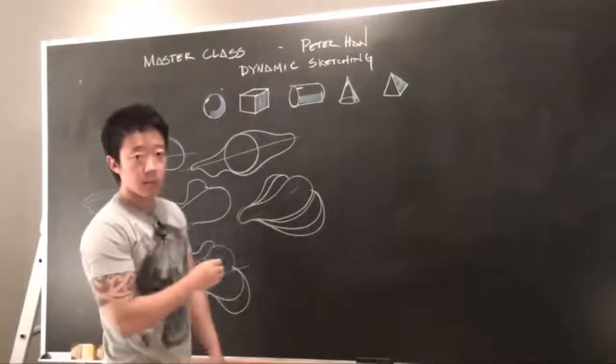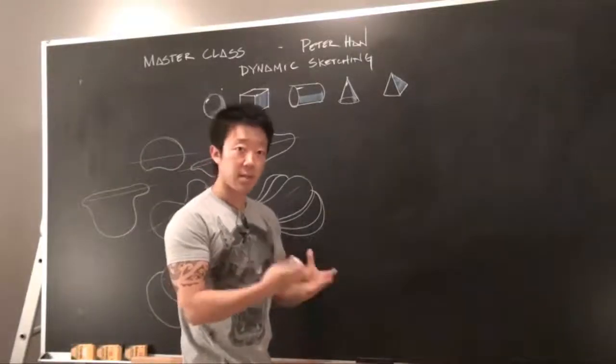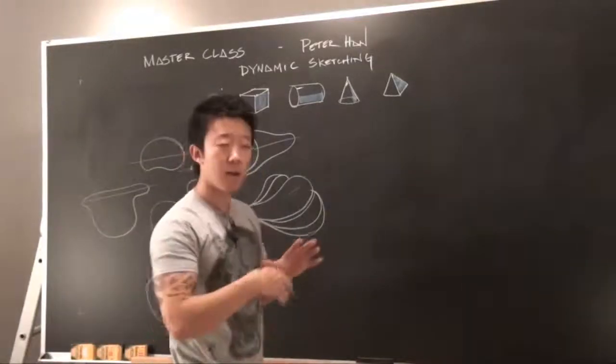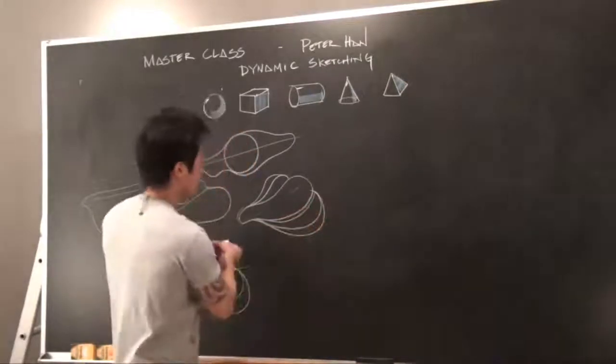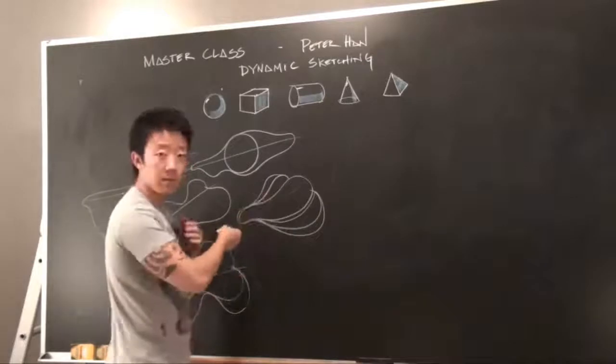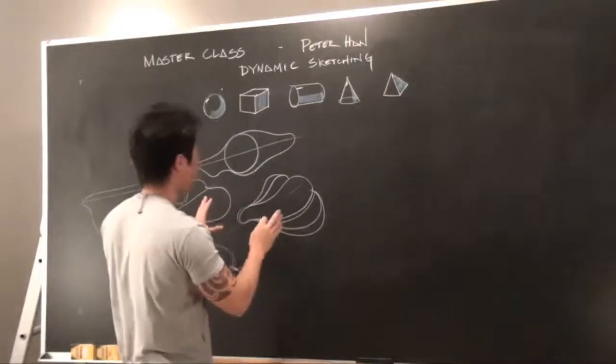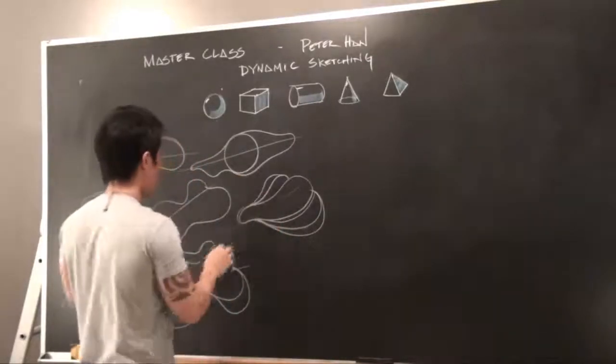The center line is going to be very important for you guys when you start sketching on site or whatever kind of shape you're creating. There's always going to be this center line, and that's going to help you with your perspective. But for now, just create some of these organic shapes.